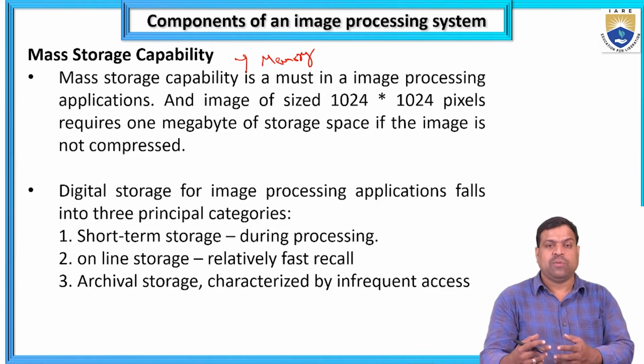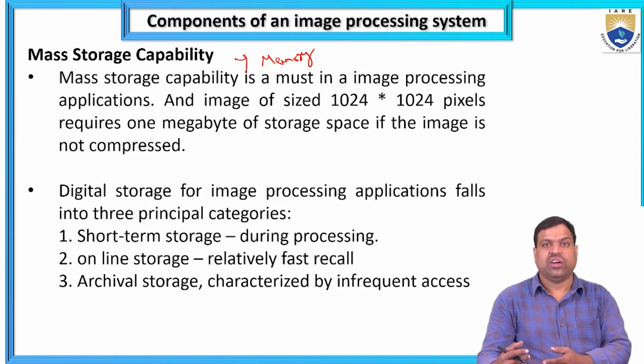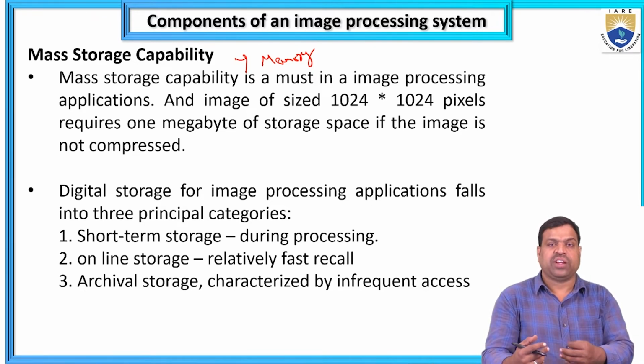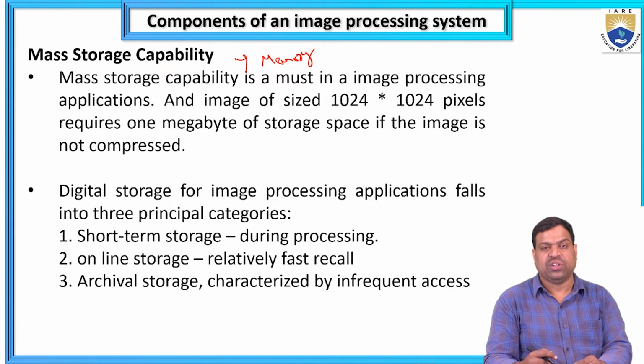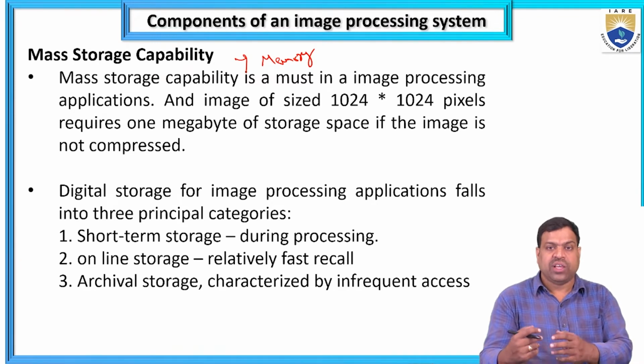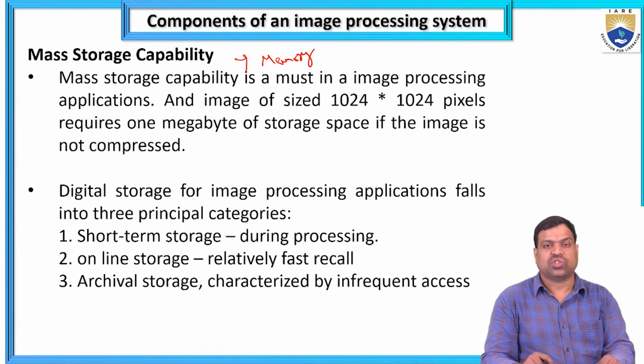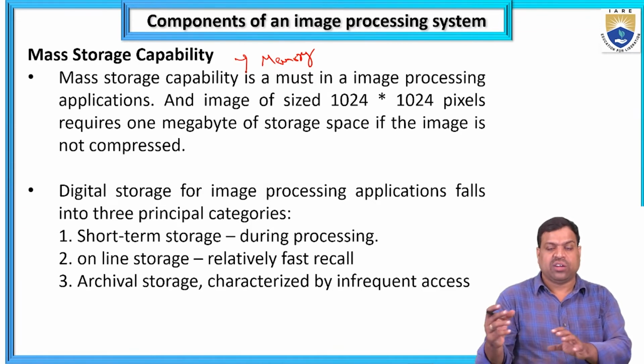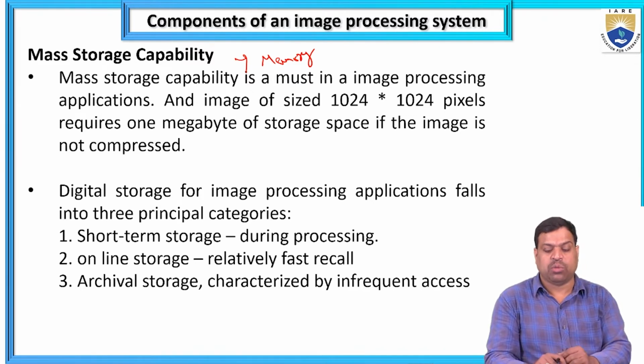Where is it stored? In the camera, we give some built-in mass storage capability, like some memory space. In that memory, the image we captured is stored. That is mass storage capability.